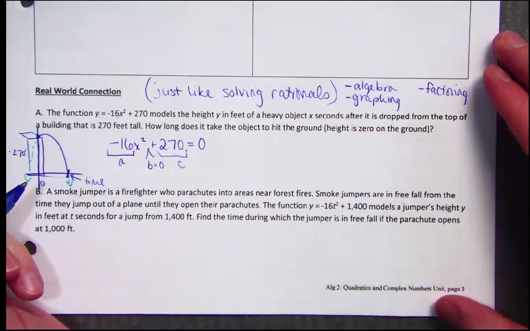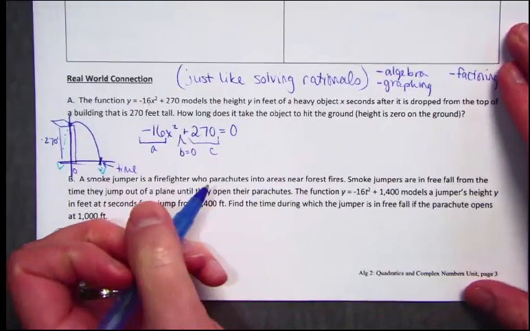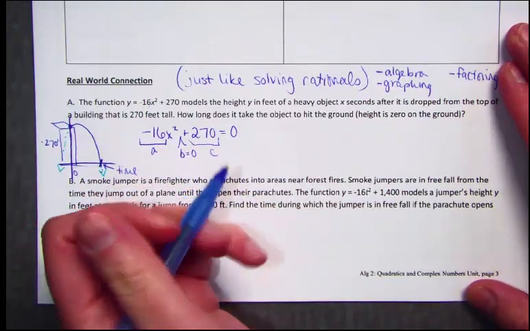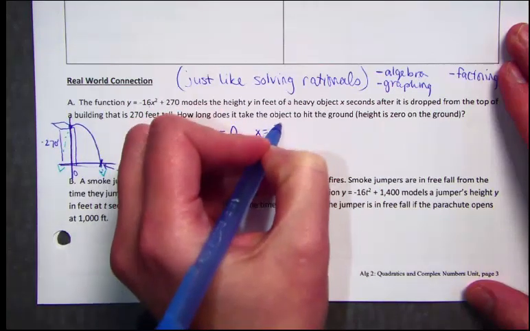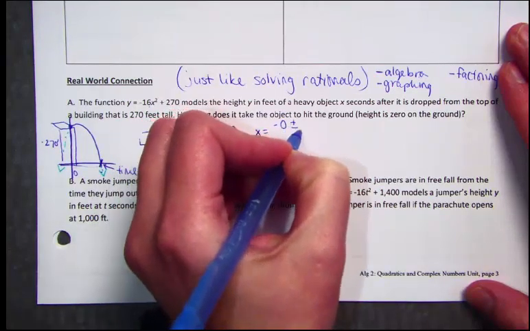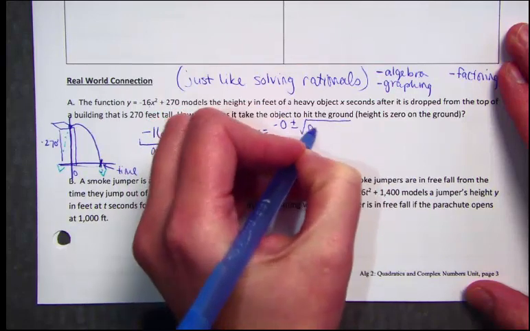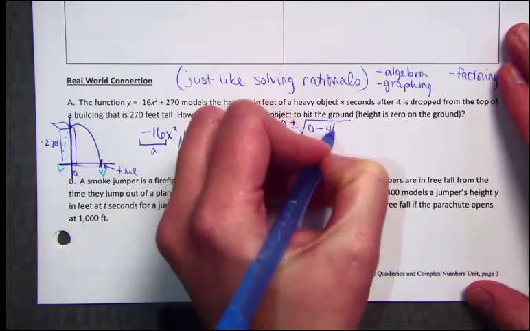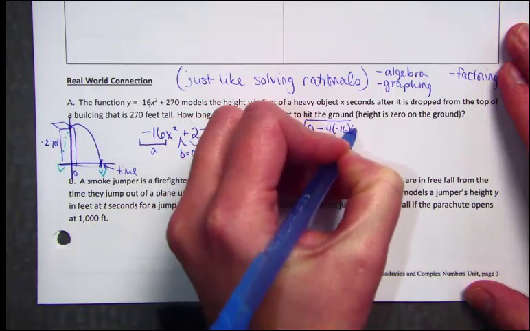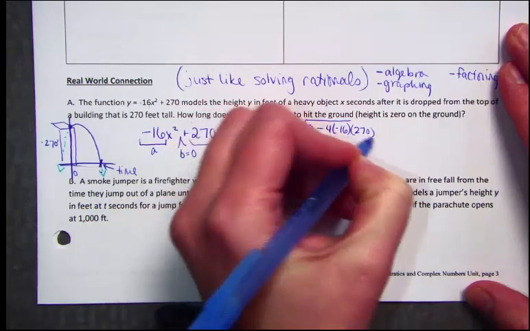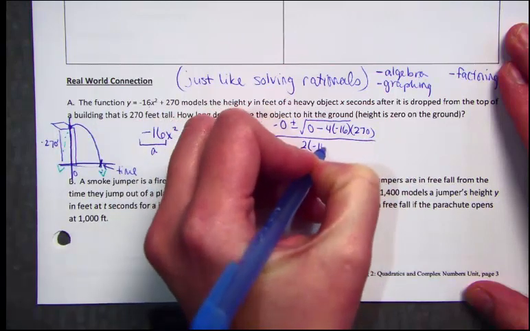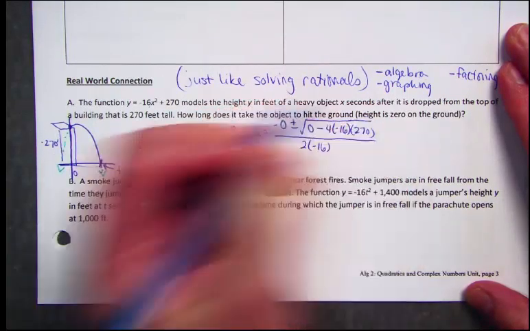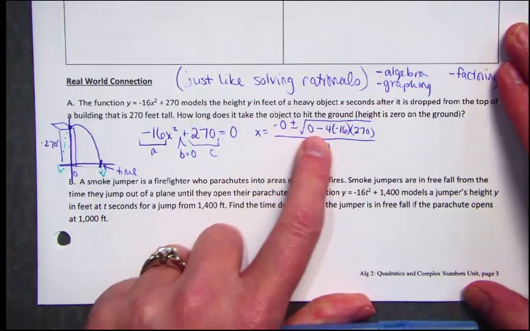So, thinking about our lovely quadratic formula song, let's sing it and place our values in as we go. X equals opposite b plus or minus the square root of b squared minus 4ac all over 2a. And so I put all of those values in as I went.